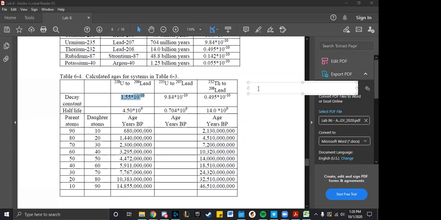If you're on the TI-84, there should be a little e to the x power, and you can do 1.55, press that e button, and then do -10. And it will give you the same answer.